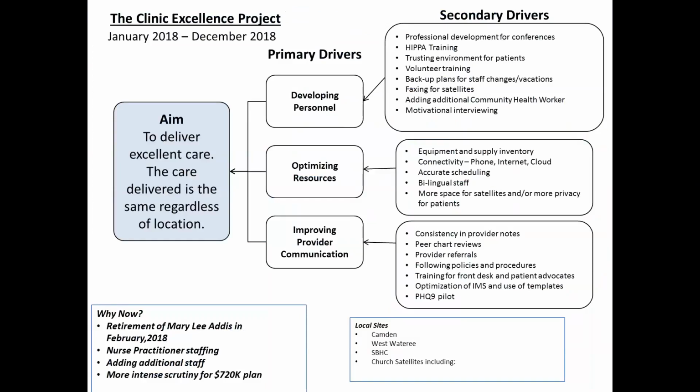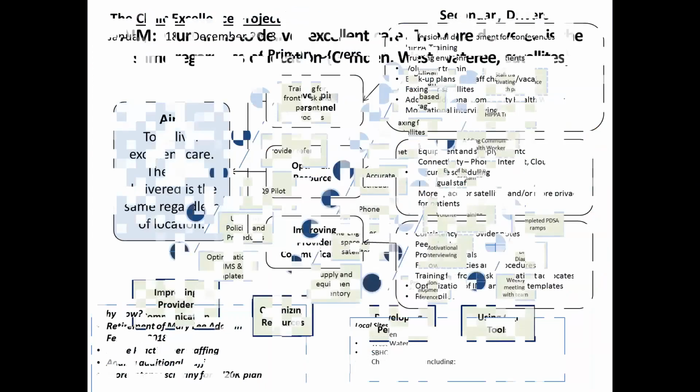And down in this bottom left corner, you'll see I put some issues that I was going to have to address: retirement of nurse practitioners and how much money I was going to need to sustain that. So just always having this information, these diagrams are real important to share with everyone as you move forward.